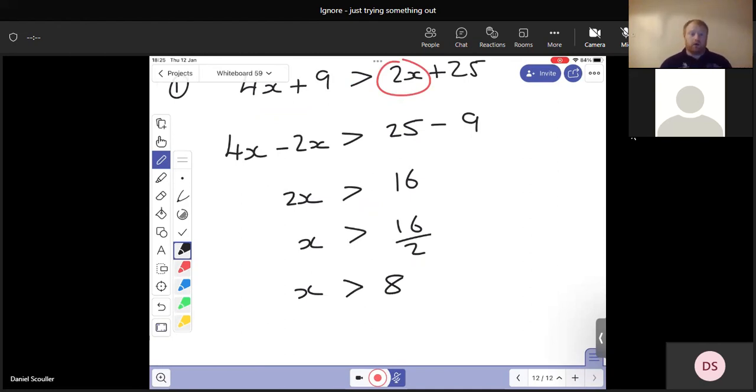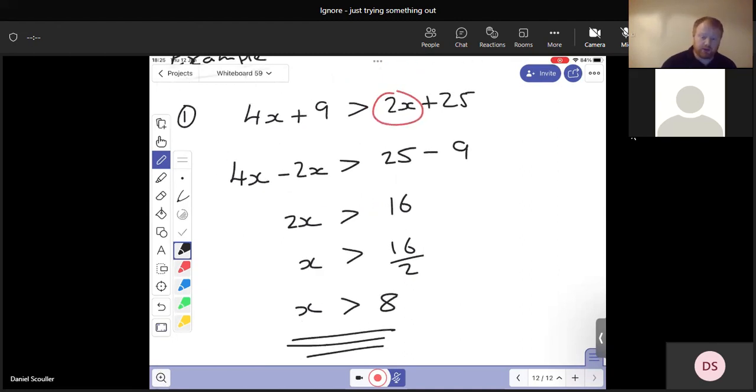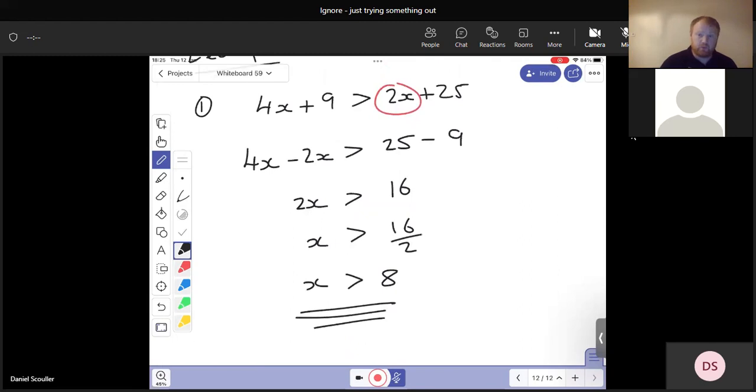So a solution to that inequality will be when any number greater than 8 is substituted into that. So that's your answer. We're taking from that down to x is greater than 8.